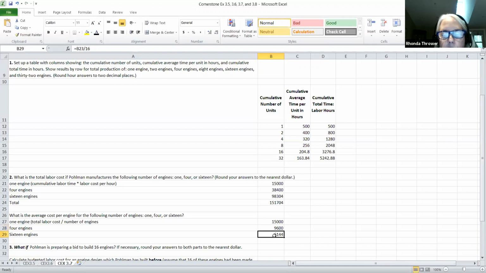If you produce 16 engines, the average cost goes down. For 16 engines, the total cost was $98,304. If we divide that by 16 engines, it will give you $6,144.